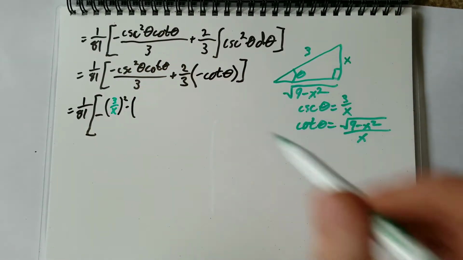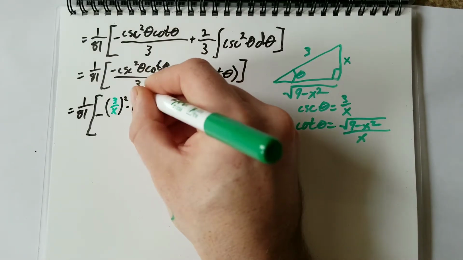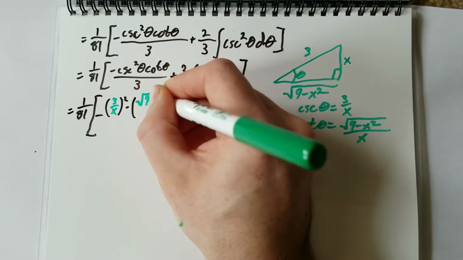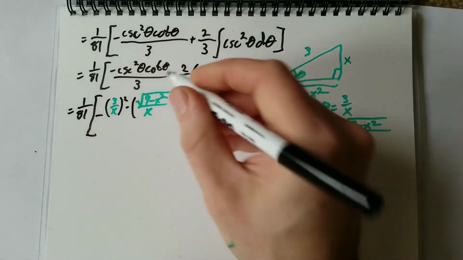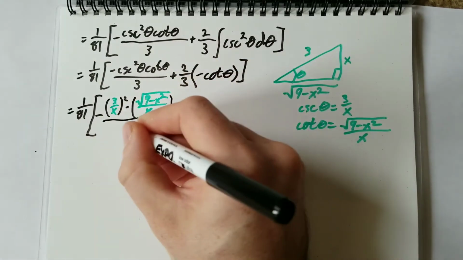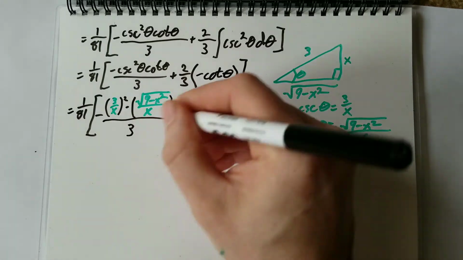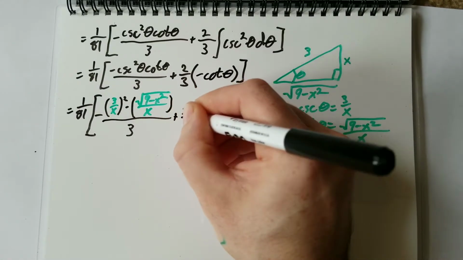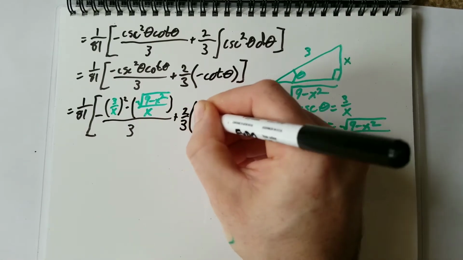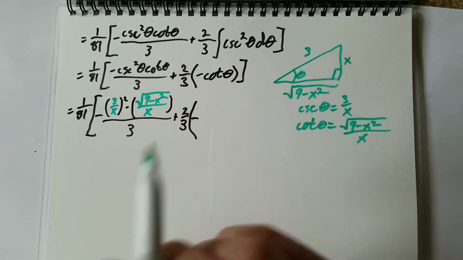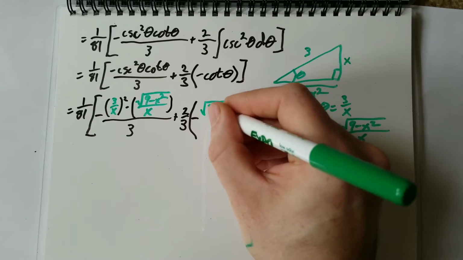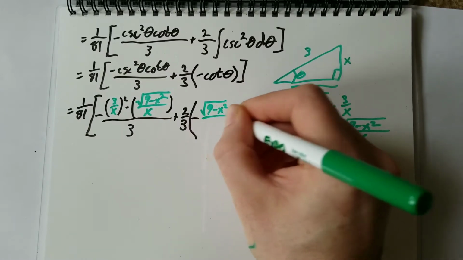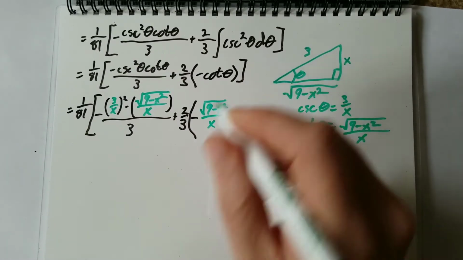Cotangent, we found over here, was the square root of 9 minus x squared over x. And all of that is over 3. Plus 2 over 3 times negative cotangent theta, which is the square root of 9 minus x squared over x.